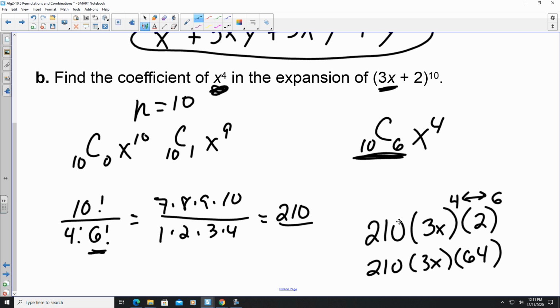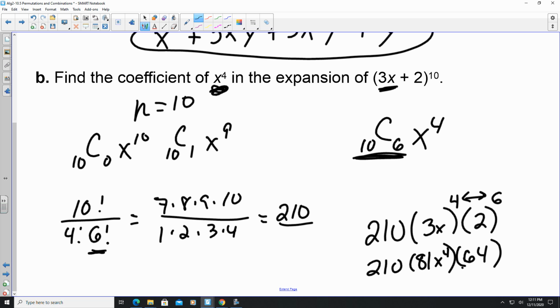So to find the coefficient, I'm going to take 210 times 3 times 64, which gets me, oh, hold on. I'm sorry. I have to raise this to the 4th power. My bad. So this means that 3 to the 4th power is 81. So now it's 81x to the 4th. All right, my apologies.